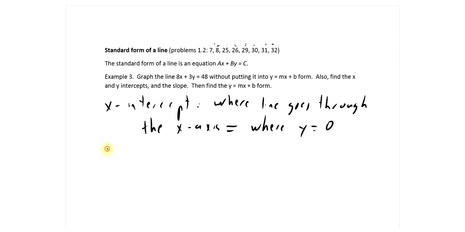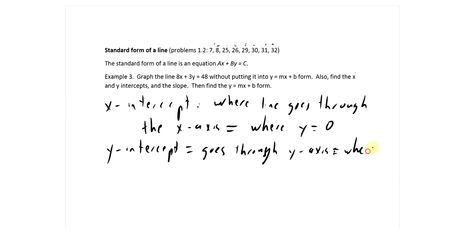What's the y-intercept? Well, it's the same thing. It's where it goes through the y-axis. And that is where x equals 0. Right? So if you're sitting on the y-axis, then your x-coordinate is 0.